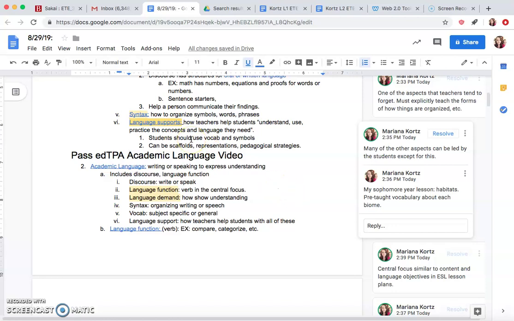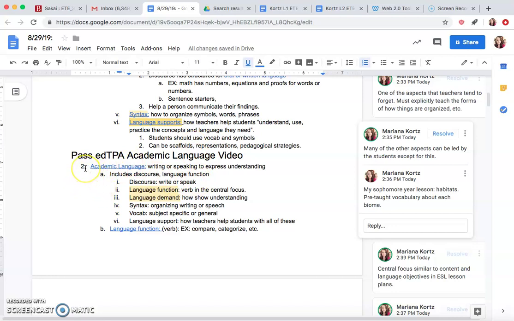For example, when I was in my sophomore year in college, I was teaching a lesson about habitats. And to support my students, I chose to pre-teach the vocabulary about each biome because I knew that some of my students might not know the actual names of, say, a tundra and other words that they might not have seen in multiple contexts.